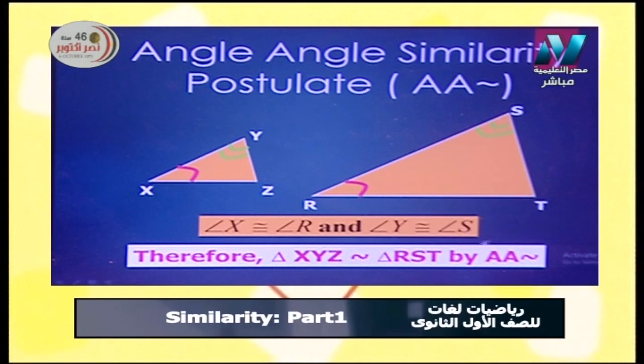By what? By AA similarity. AA similarity means angle and angle: these two corresponding angles X and R are equal in measure, and measure angle Y equals measure angle S.